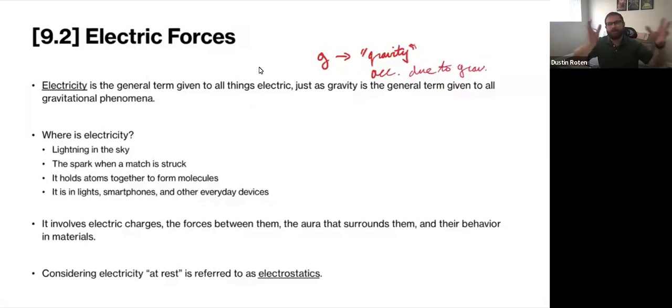So that's why when you do your traditional physics sequence, physics 2 is mostly dedicated to electricity and magnetism, because just like mechanics is the movement of everyday things, this is looking at the movement of electrical currents through everyday things. But what we're going to talk about first is electrostatics, which is energy and electricity at rest. So charges are sitting there, they have an electrical force on them, but the charges themselves are not moving. Moving charges get more complicated.